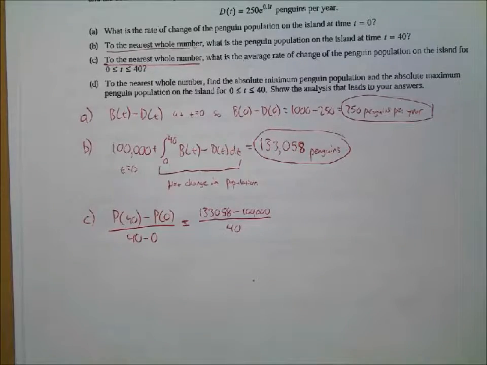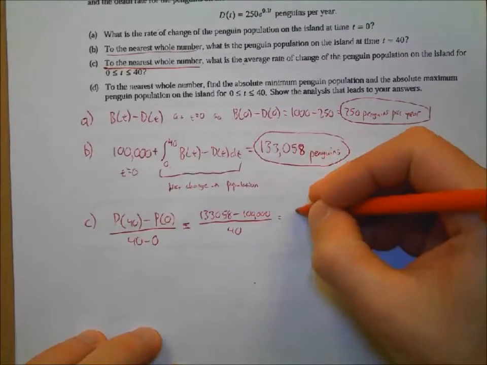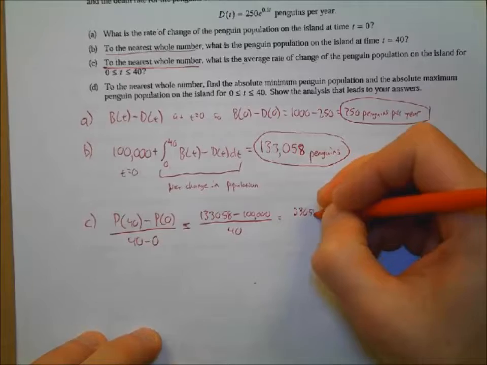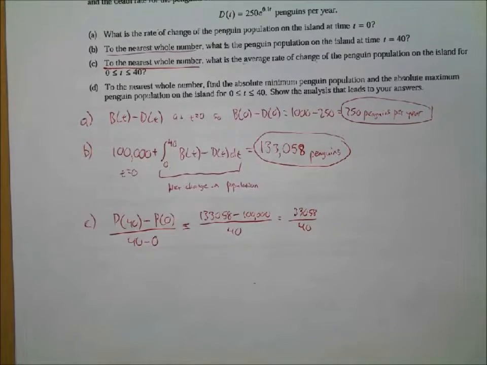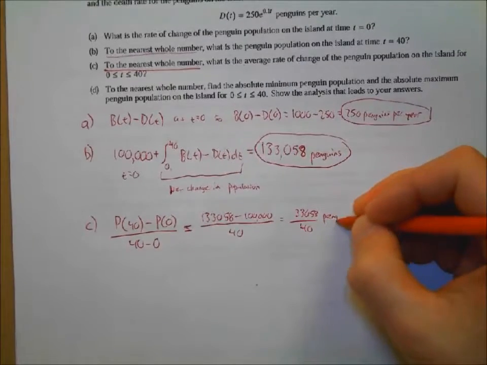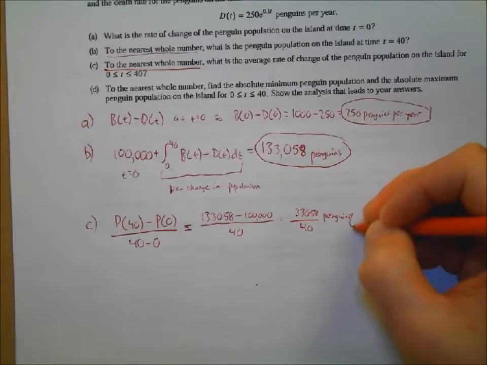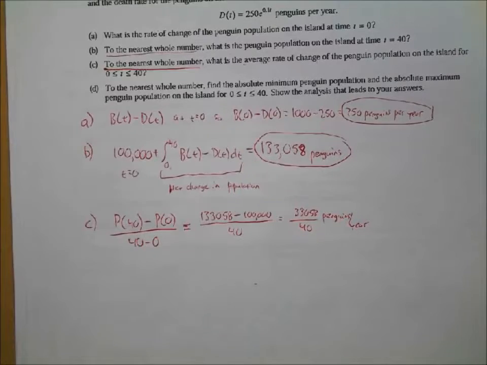Okay, which equals then 33,058 over 40. Okay, you can leave it like that. I'm going to put it in penguins per year. Okay, like that. And you can leave it like that.